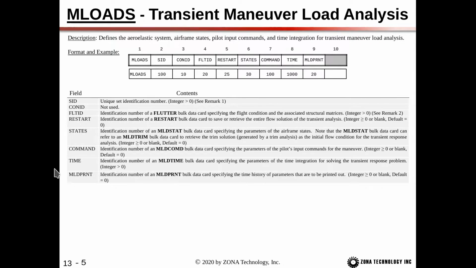Then we have the time field, referring to the MLDTIME card to specify parameters of the time integration for solving the transient response problem. And then lastly, the MLDPRINT field refers to an MLDPRINT card or cards specifying the time history of parameters that are to be printed out. The MLDPRINT is kind of unique in that it can refer to multiple MLDPRINT cards all with the same ID.